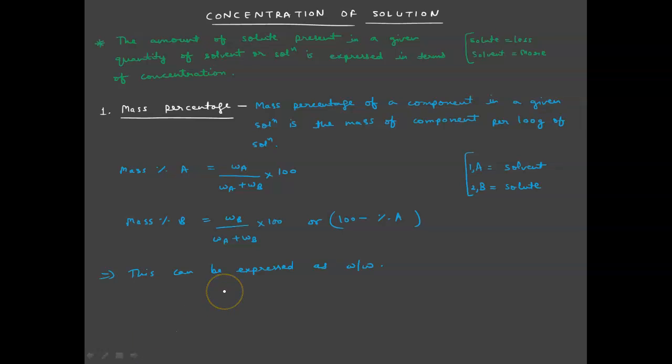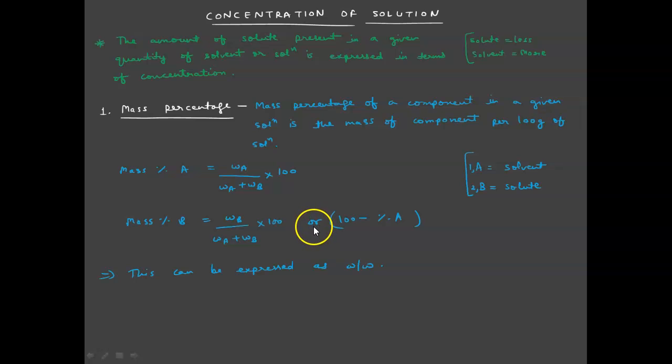Now comes the concentration of solution. Most of the reactions occurring in laboratories are carried out in solutions. You know that in solution generally two components are present. The one which is in lesser amount in the solution is called solute, and the other one which is in higher amount is called solvent.